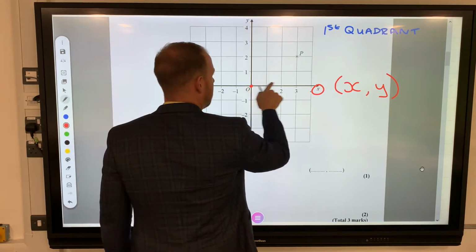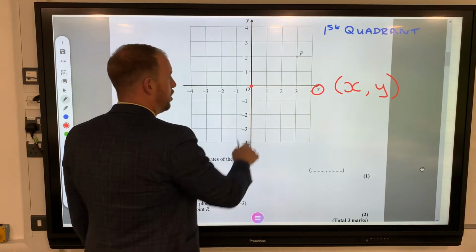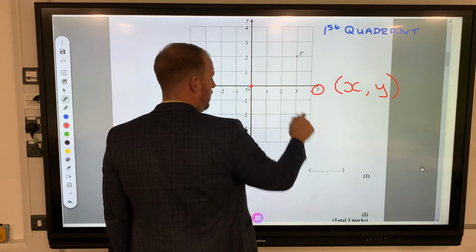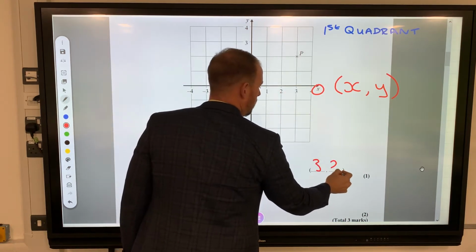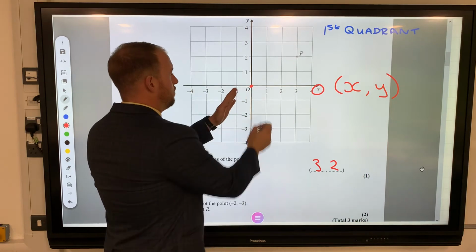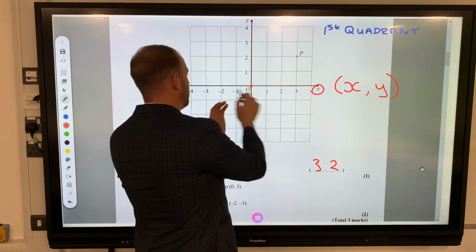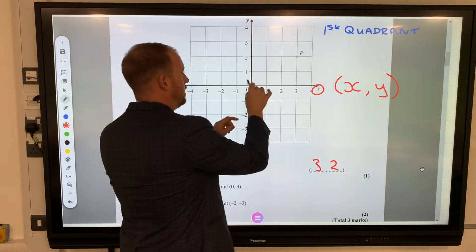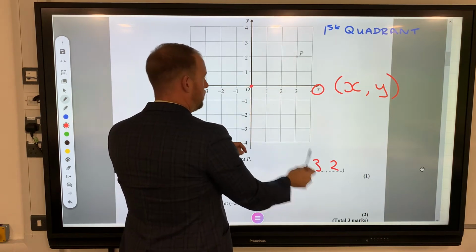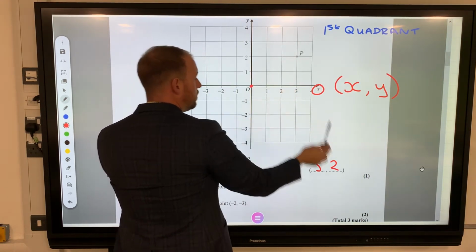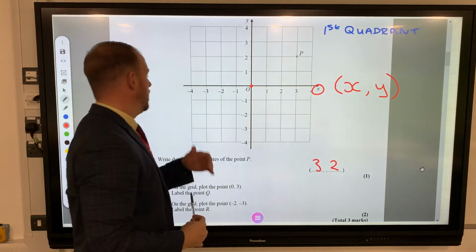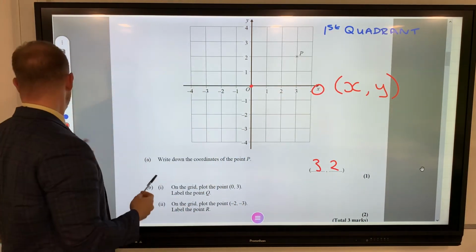So to get from 0 to P here, we have to go across 3 and then up 2. Okay, so when it goes to the right, you see these are positive values, like a number line. And these are positive values, so it's going across 3 as a positive 3, and then going up 2 as a positive 2.